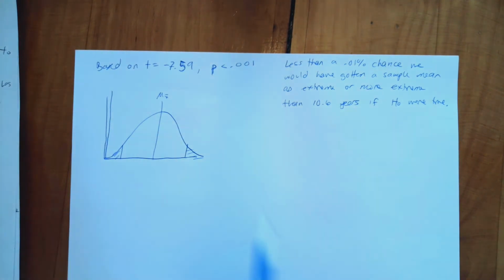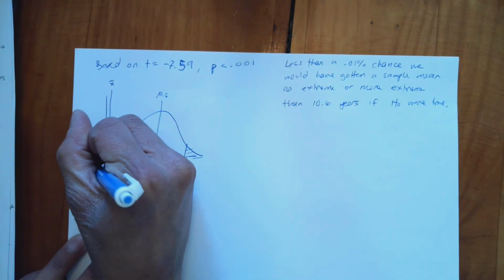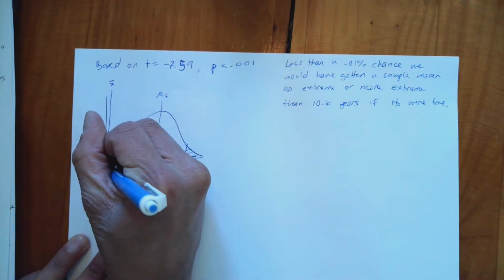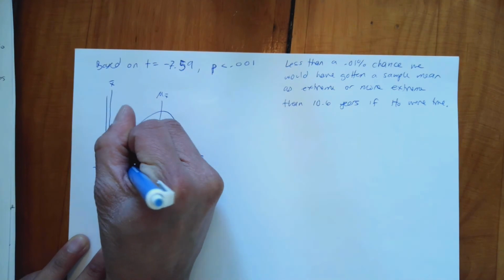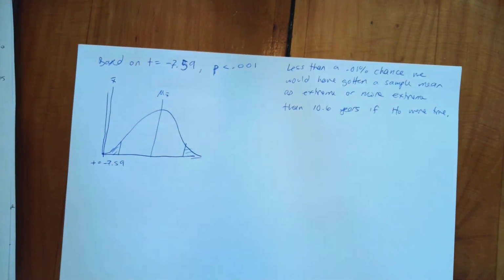And it's, in fact, in the less than 0.1% of least likely sample means that you could get. With the t-value that's negative 7.59, it's way past that threshold where we would reject the null hypothesis.